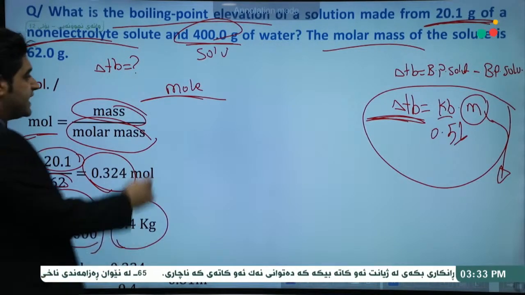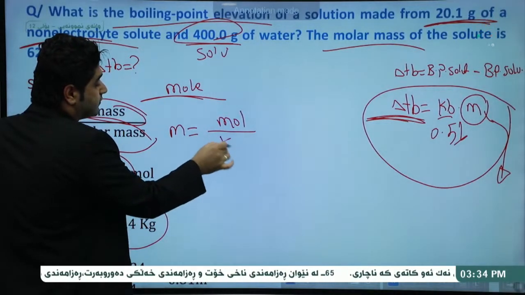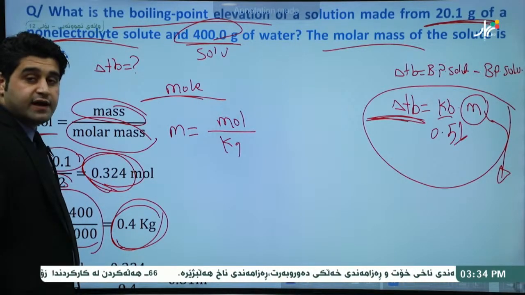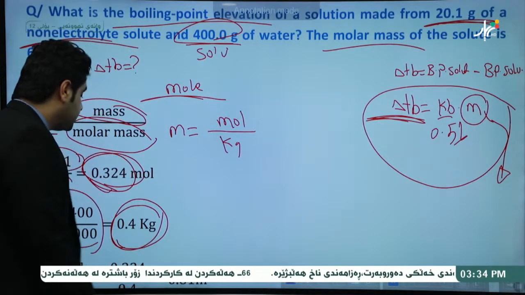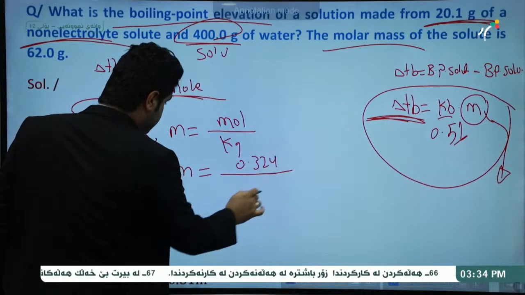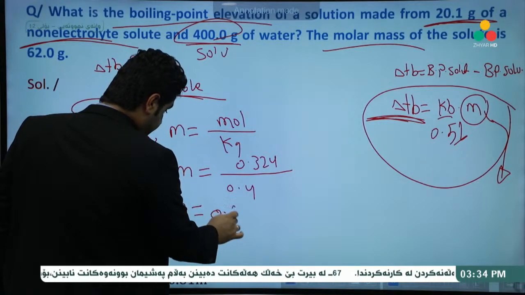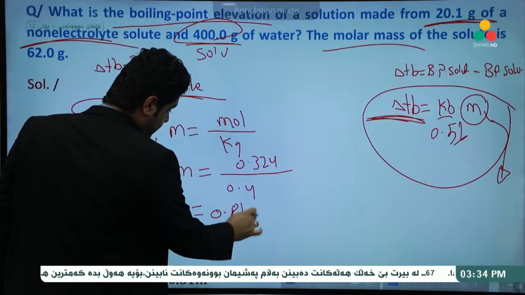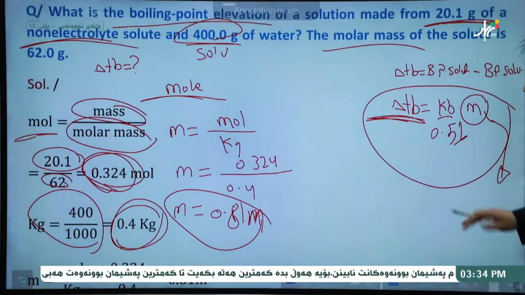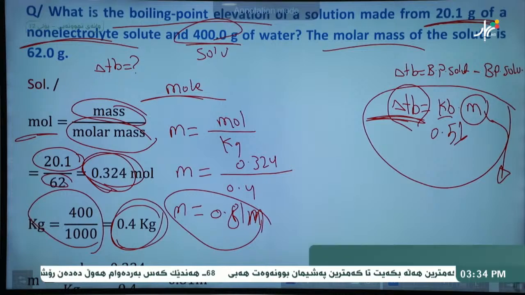Then we can find out molality. Molality is equal to mole per kilogram. We have 0.4 kilogram, and the number of mole is 0.324. Molality is equal to 0.324 divided by 0.4, so molality is equal to 0.81 molar. Now we have the value of molality, so just substitute the value in here, and immediately we can get delta TB in Celsius degree.